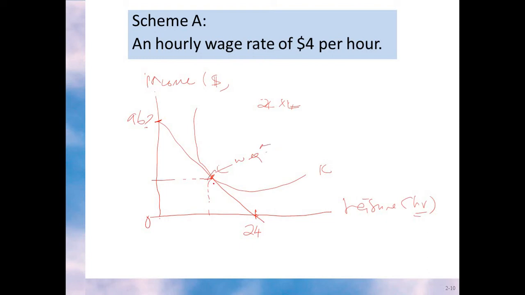What will be the value here? The value will be 8 hours multiplied by 4, because 96 here is if you work 24 hours. So if you work 8 hours, 8 hours multiplied by 4, then this value should be the T2.